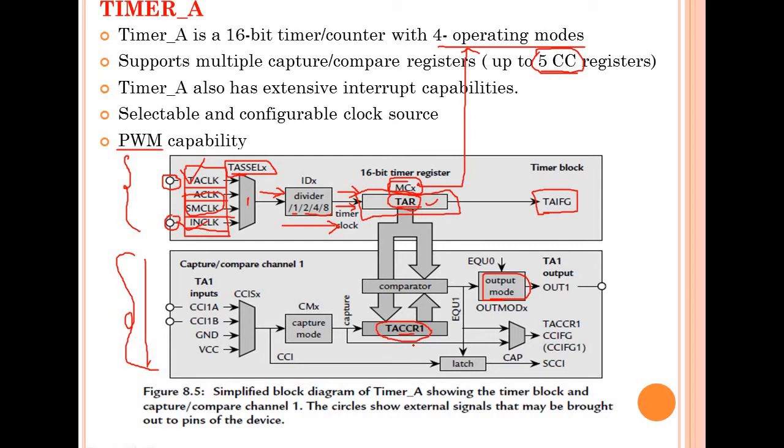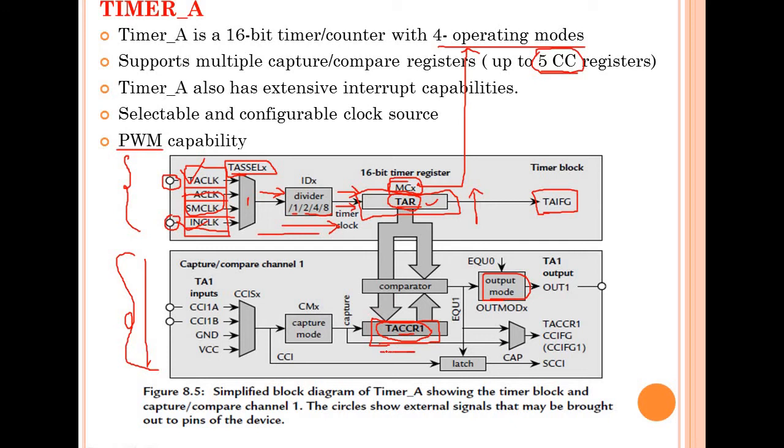See here, I said depending upon the clock pulse coming from the timer A clock source selection, the counter will go on incrementing. That means the counter will increment from 0, 1, 2, 3 and so on up to some value. And in this compare register, TACCR1, you will load one predefined value.